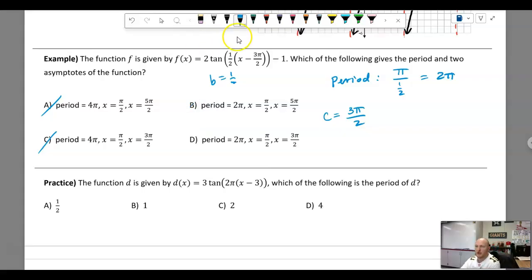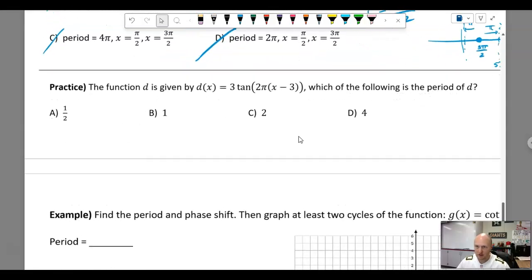And then since our period is 2 pi, if I'm sketching this, here's 3 pi halves, the center of my graph. I go this way pi, and so I'll have asymptotes at 5 pi halves. And I'll go pi this way, and so at positive pi halves. The answer is B. It is not D. That's the center of your graph for tangent. My bad. Hopefully you got me.